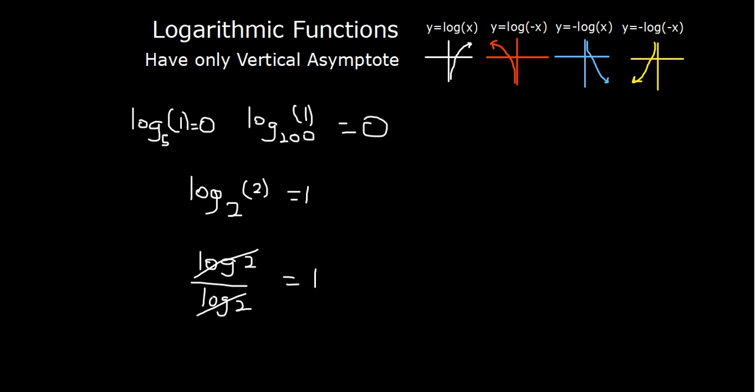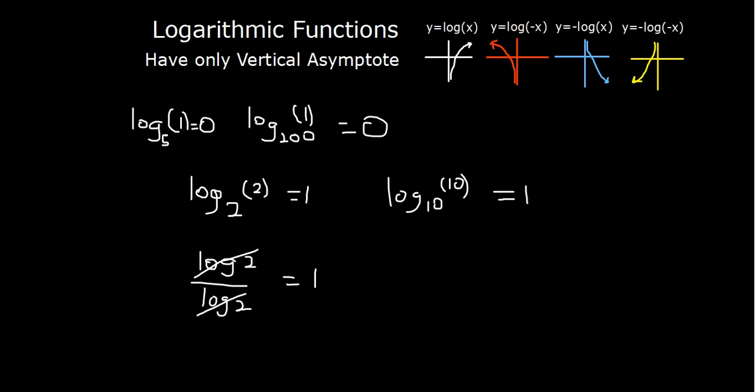And so even if it's log of 10, any base, as long as it's, maybe, log of 10 base 10, then the answer is 1. Always, as long as the base is the same as the number that is inside the bracket, the answer is always 1.